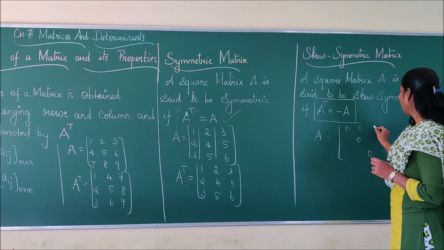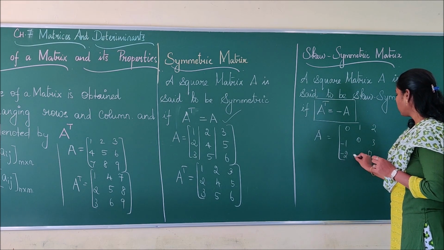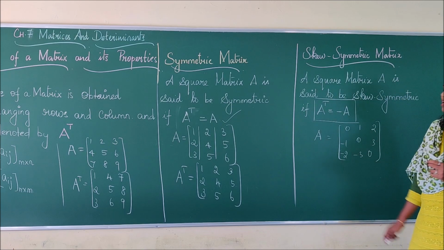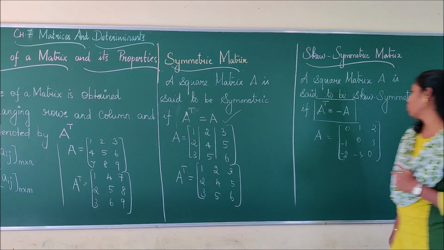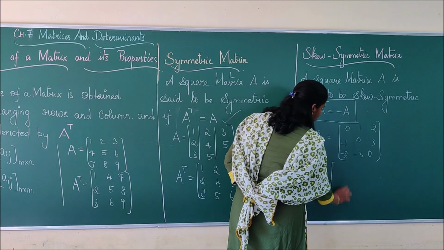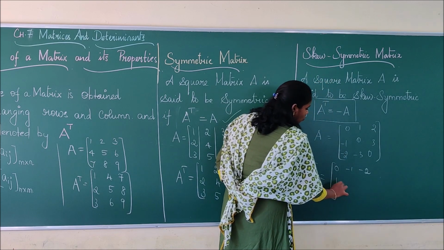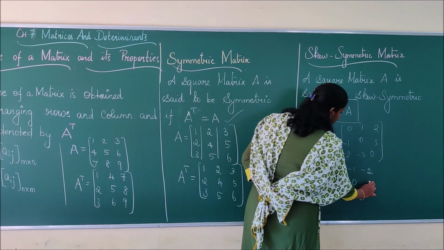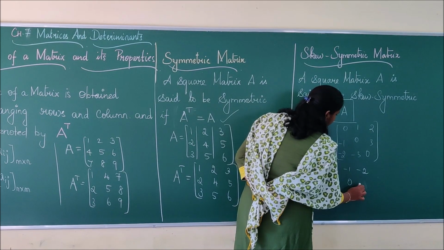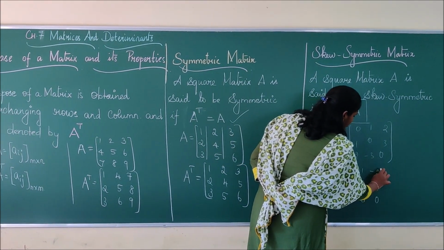So here I have 0, 1, 2, 3, and here I have minus 1, minus 2, and minus 3. If I take the transpose of this, what will I be getting? A transpose is equal to 0, minus 1, minus 2; 1, 0, minus 3; and 2, 3, 0.